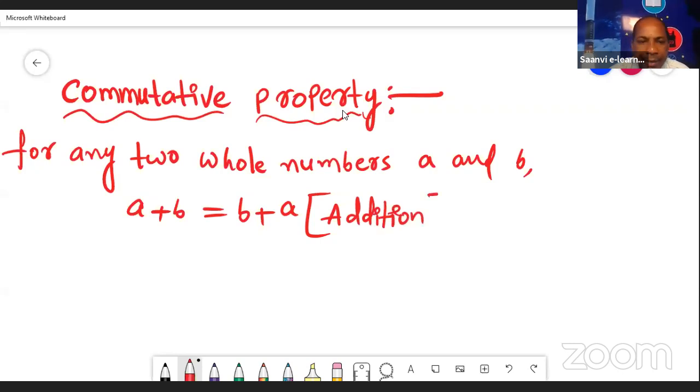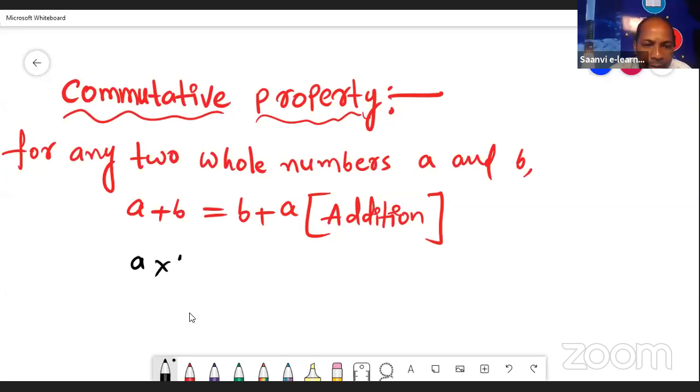And in the same way, when we multiply any two whole numbers in any order, we get the same result, and that result will also be a whole number. It means here two whole numbers we have taken as a and b.